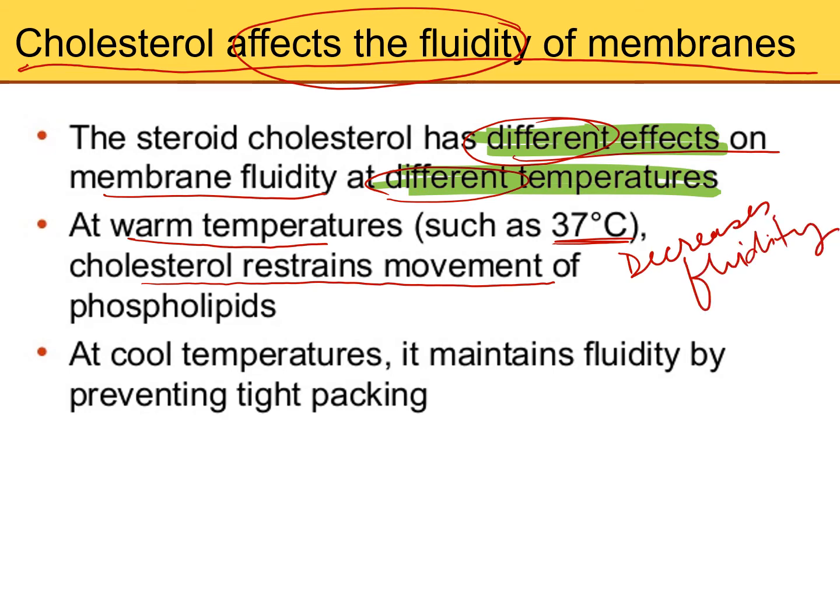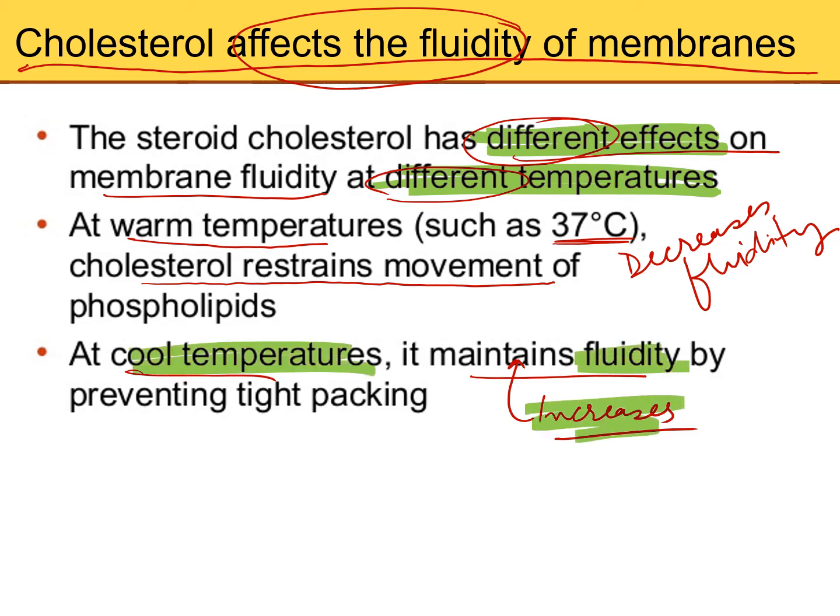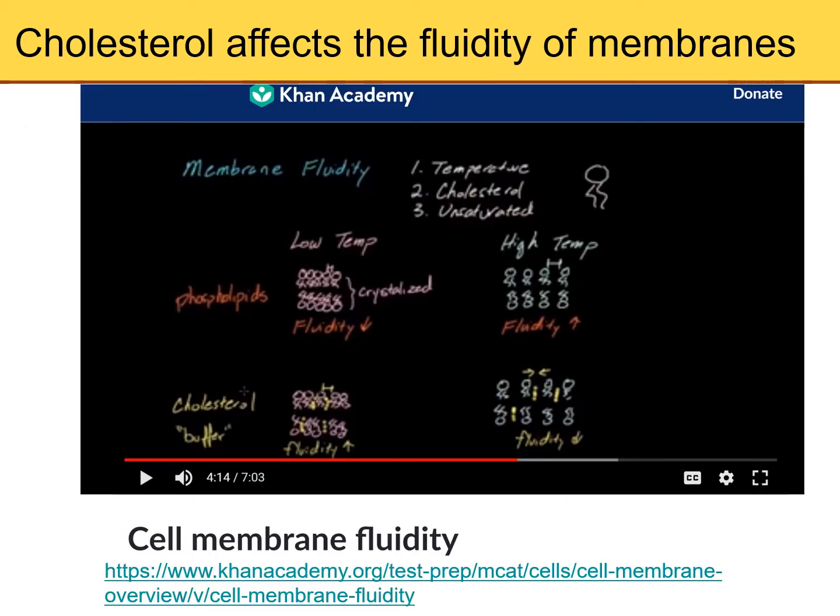At cool temperatures, it maintains fluidity; it increases fluidity. That's really interesting. Please make sure you understand that at cold temperature, cholesterol increases fluidity, and at warm temperatures, cholesterol decreases fluidity. And this is shown here in this slide.